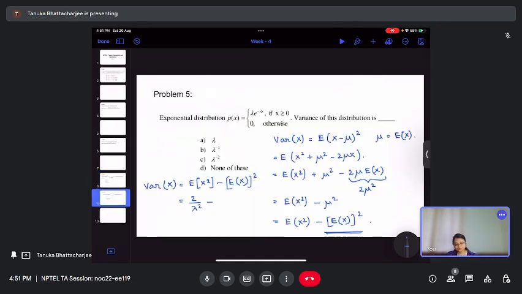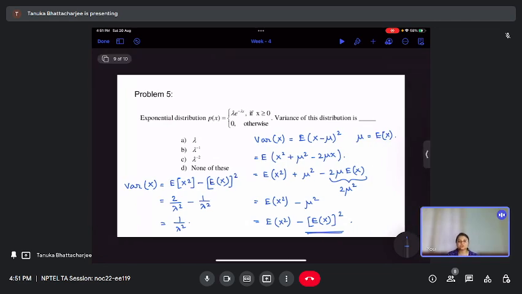So, expectation of x whole square becomes 1 by lambda square, and if you compute, the final answer becomes 1 by lambda square. So, the variance of the exponential distribution is given by 1 by lambda square.